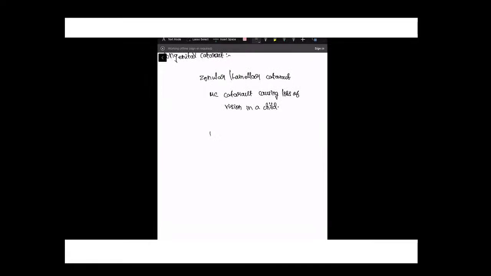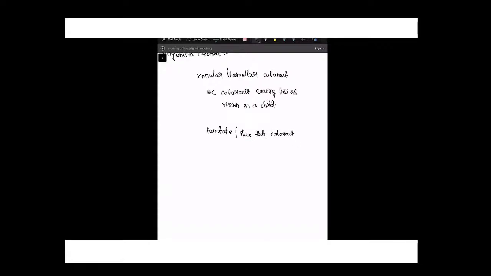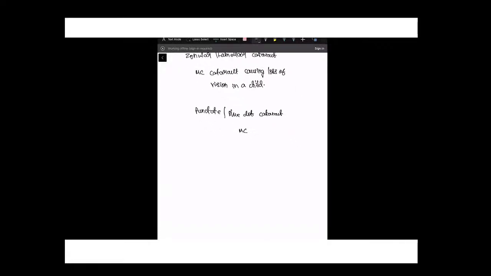Then we have a punctate or blue dot cataract. It is the most common congenital cataract in children, and there is no loss of vision.